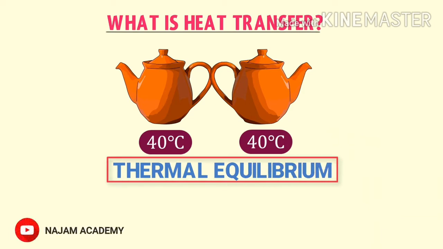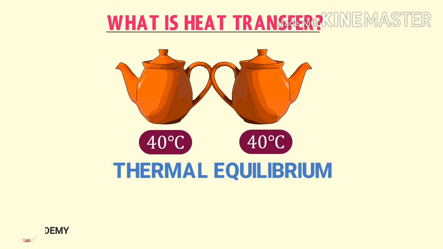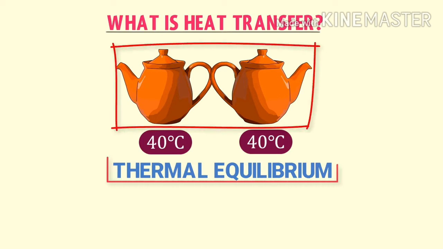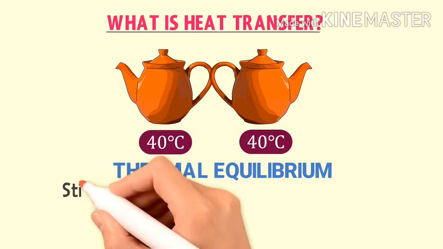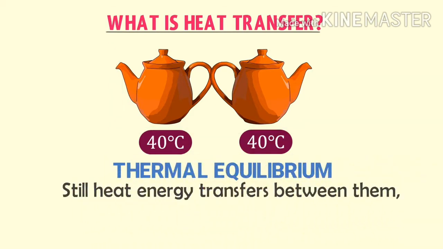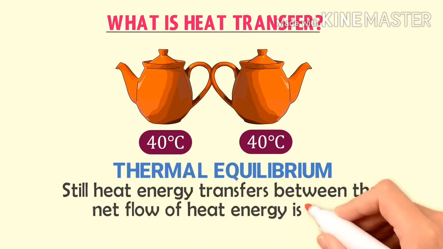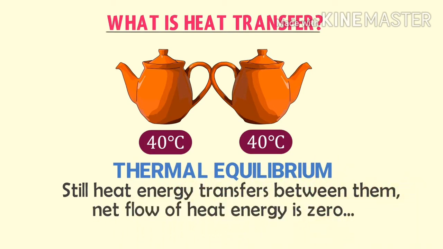Remember this important point which a lot of teachers skip and do not teach you. If two objects are in thermal equilibrium, it doesn't mean that heat energy doesn't transfer between them. Rather, if two objects are in thermal equilibrium, heat or thermal energy still transfers between them, but the net flow of heat energy is zero.